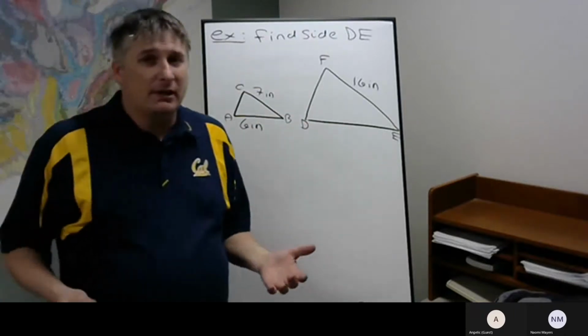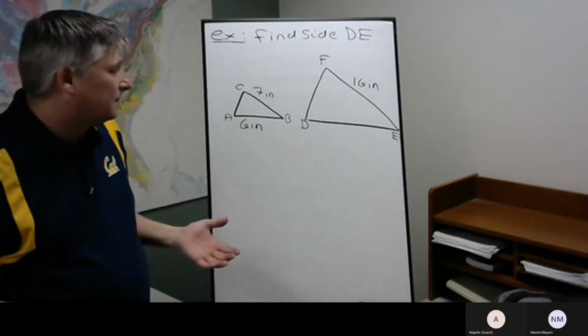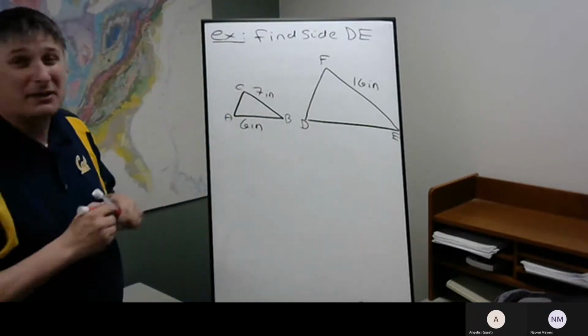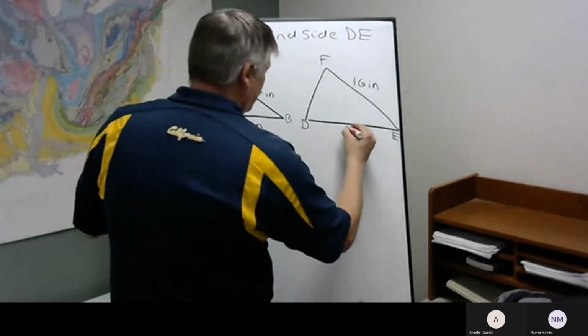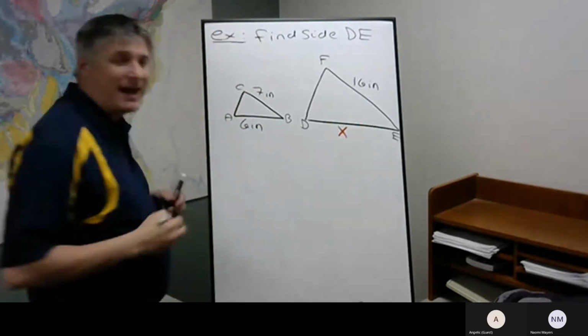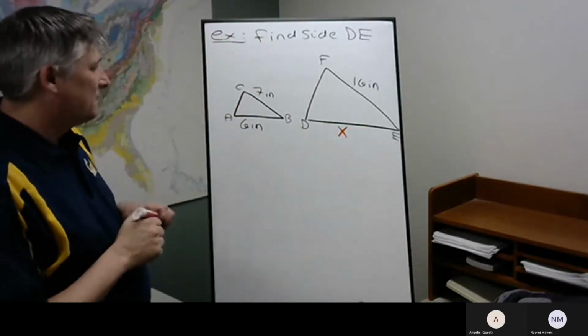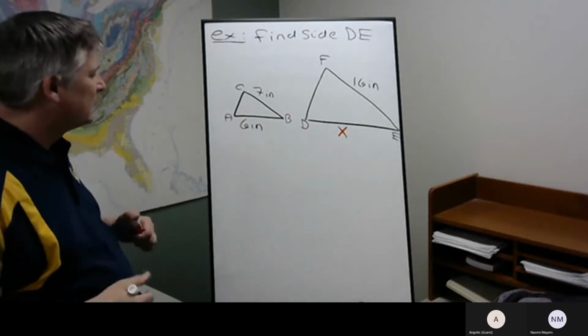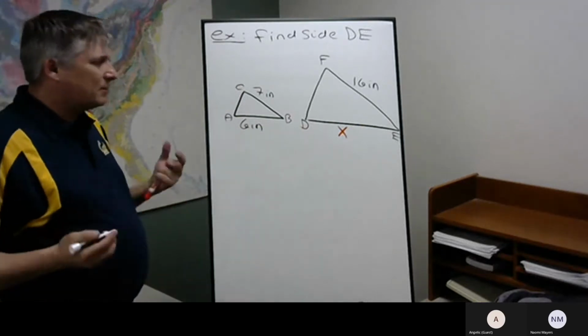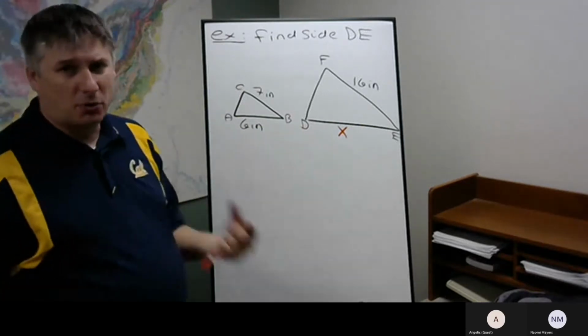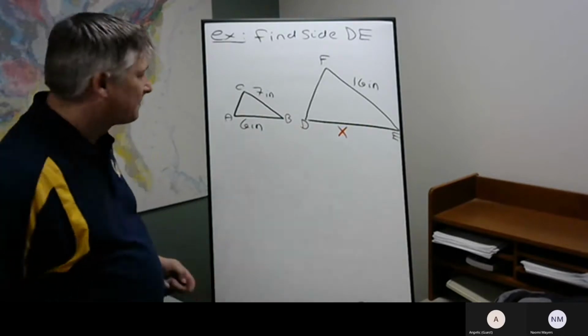Now we're looking for DE, and we have no idea what DE is. So let's give it some kind of identity, however vague. Let's call it X. Let's just recognize DE is a number. So how do we solve for X? Well, we have this rule that the ratios of corresponding sides are always the same.